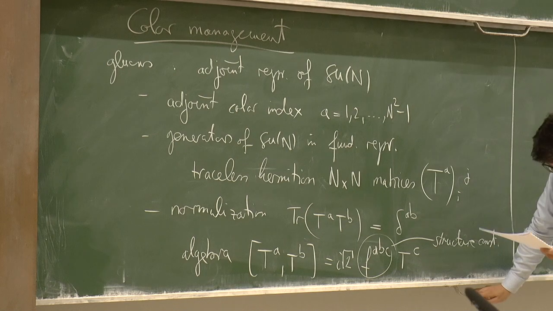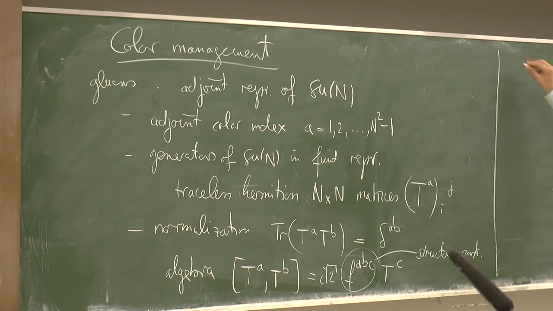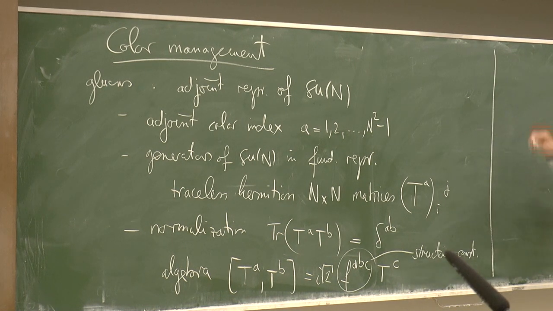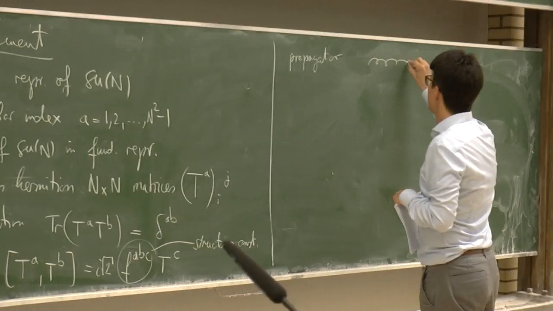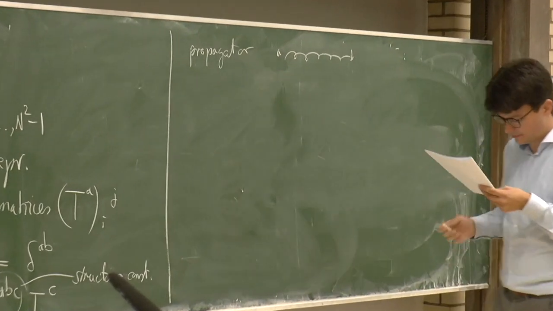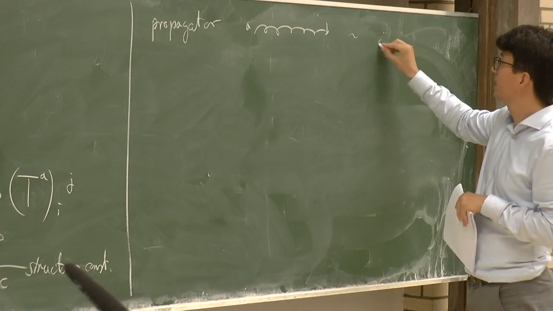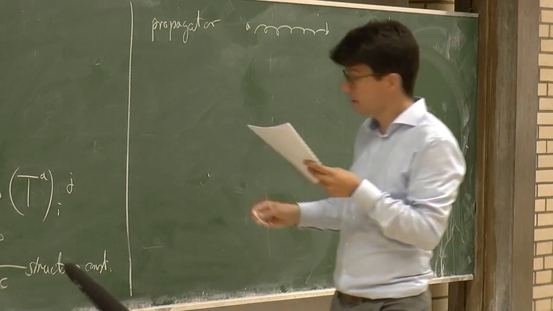Now let me just remind you of the Feynman rules, but only from the point of view of this SU(N). If you have a propagator, then for each gluon we have an adjoint index, and the propagator is proportional to delta^{AB}. So that's simple.